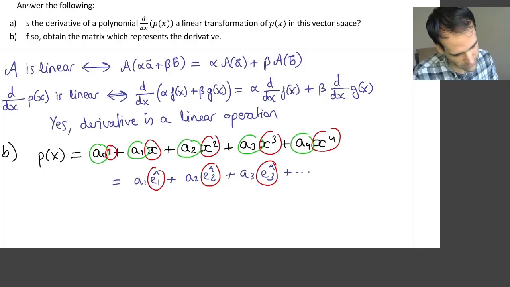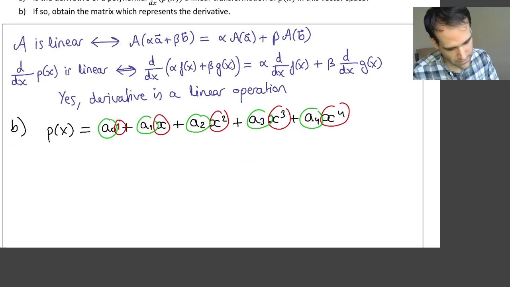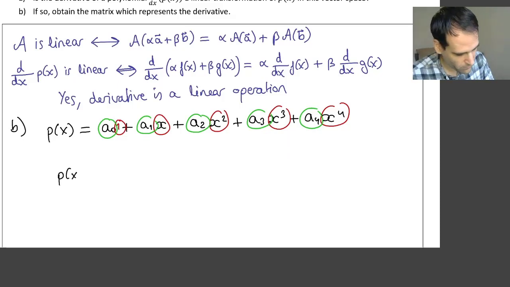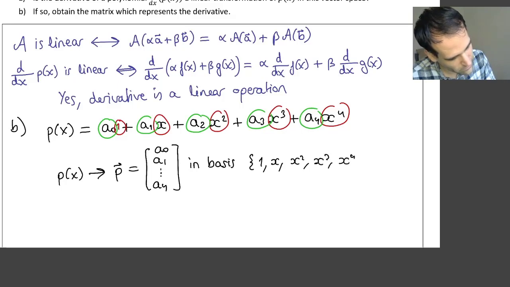So we can write a polynomial as a vector p with the coefficients a0, a1 up to a4 in the basis of 1, x, x squared, x cubed, x to the 4.